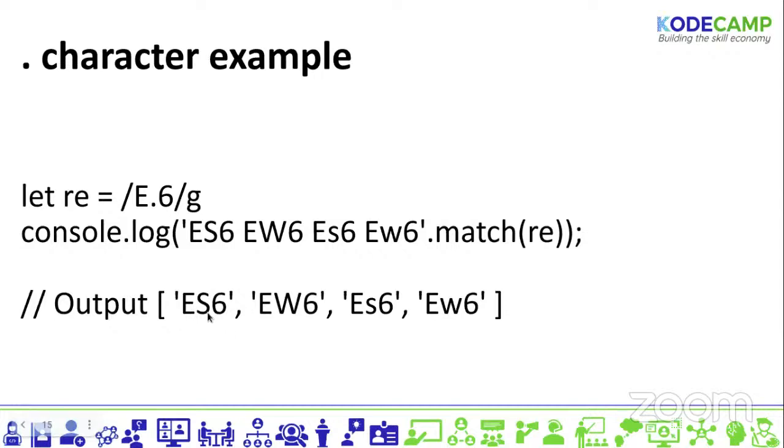And in the middle, we are going to have any letter or digit, but it doesn't have to be a space or a new line or tab. That's how that works.